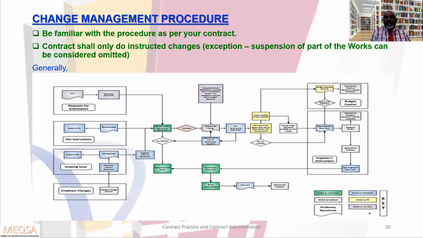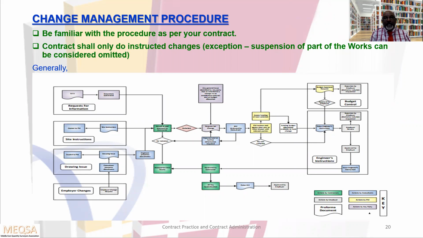Generally, in the APC panel, from contract practice and contract administration, they ask around 6 to 7 questions for these two competencies. Most of the questions will come from these two competencies only. With other competencies, they might ask 1 or 2, maximum 3.